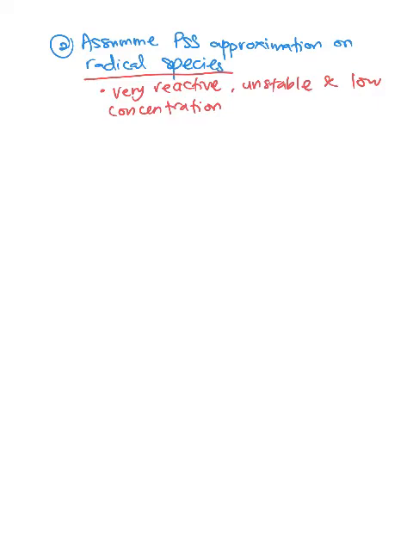Alright, then assume PSS, meaning that the change of concentration, dCr per dt, say only for radical species, dCr per dt will equal to 0.